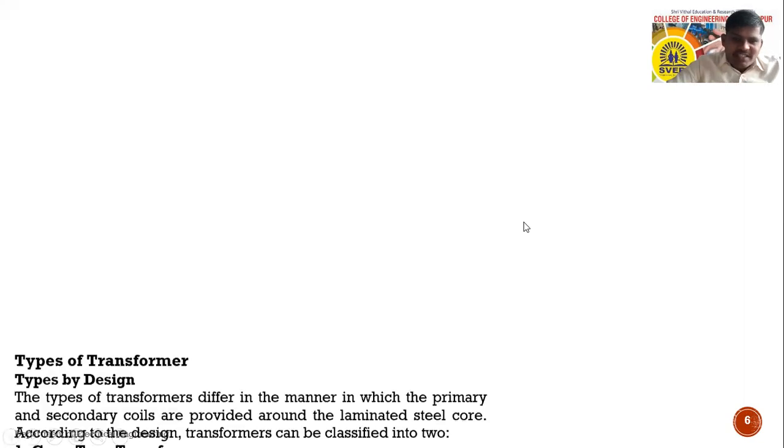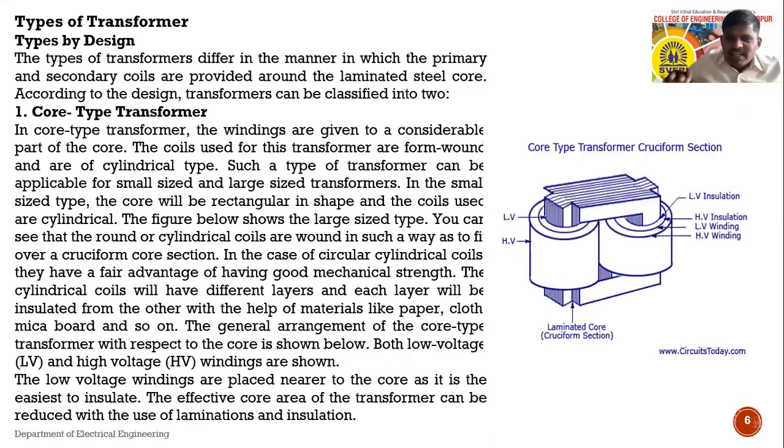Suppose we consider our agriculture field transformer, the DP as we call it, the distribution transformer. Which types of insulation can be used in this type of transformer? Can anyone tell me? Anyone? Which types of insulation is used? Suppose this is one type of transformer.